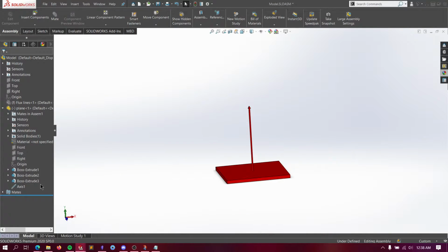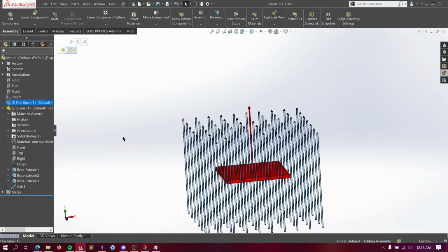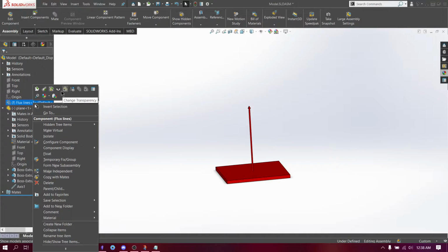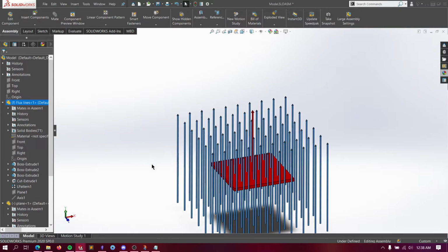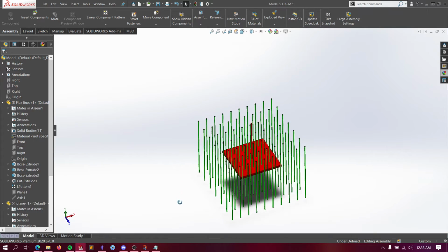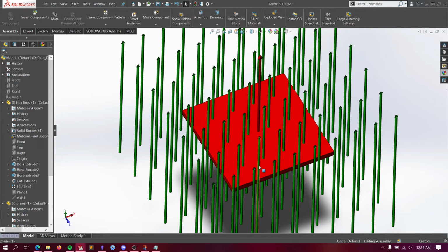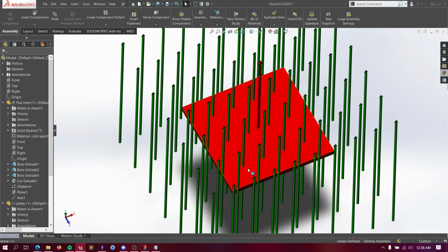So now you have your plane and you put it within a magnetic field. All the magnetic flux is asking is how many magnetic fields are in this area.